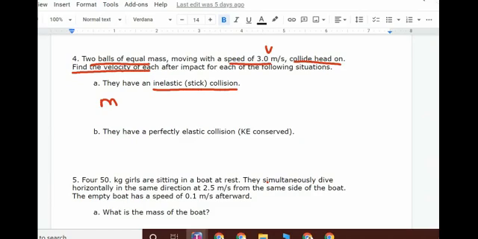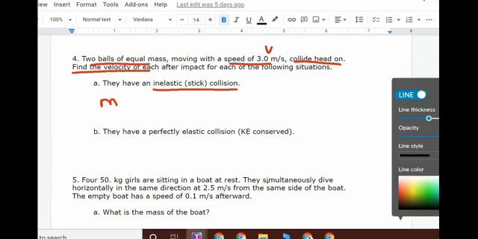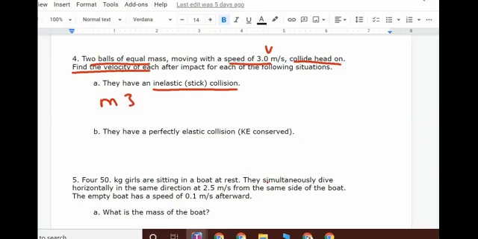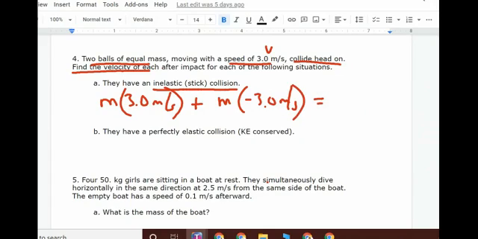You don't know their mass, so we just call them M. And they're going in opposite directions. One is 3.0 meters per second, but the other one must be negative. And then they combine. What's their mass after they combine? If it's inelastic, what's the mass? We have a single object with a single velocity.